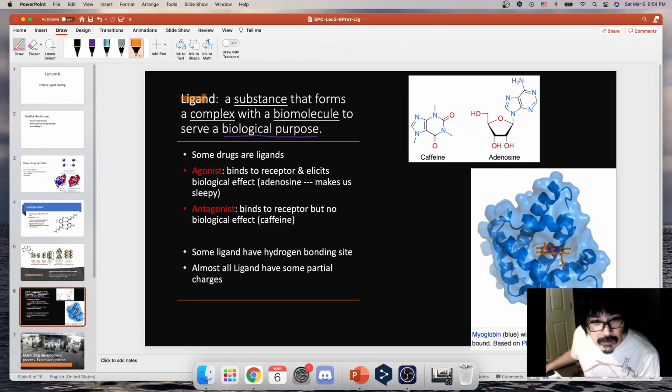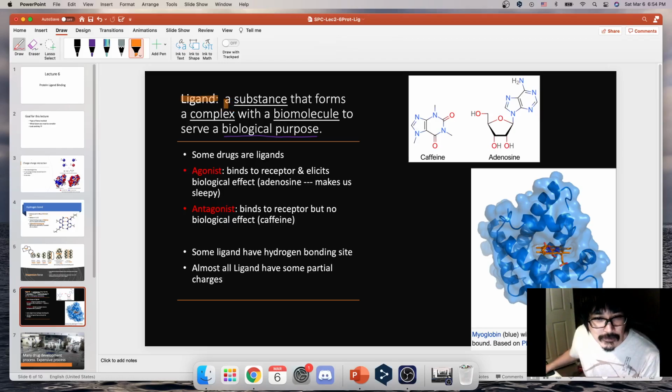And I talked about ligand up to this point already, but I didn't really define the ligand. The biochemistry definition of ligand is a little bit different from the inorganic chemistry definition.